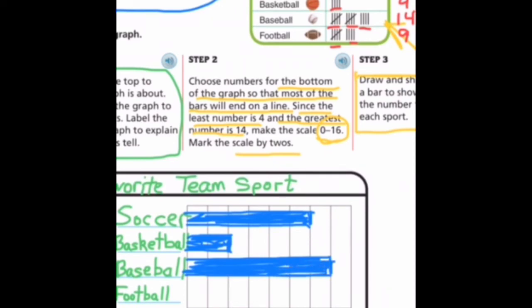And finally, football. Football is all the way up here, 9, right? Football is 9. There is no 9, but there's an 8 right here, and there's a 10 here. 9 is right in the middle of those two, so I'm going to draw my bar right in the middle. My little line, excuse me. There we go.